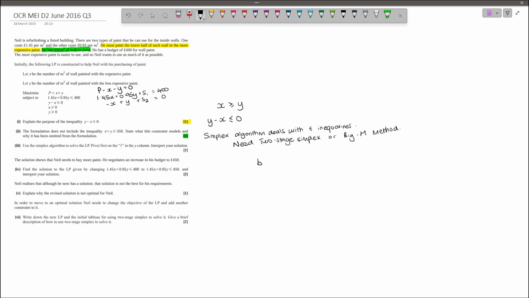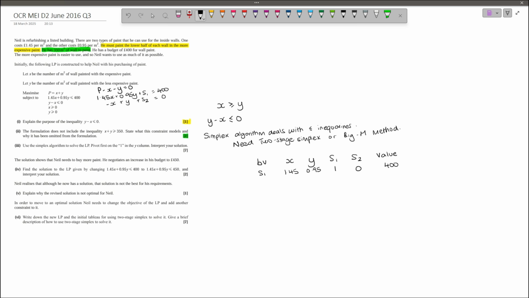So I can now write my initial table. I'm going to get basic variable, x, y, S1 and S2, and I'm going to get a value. So my first equation, 1.45x plus 0.95y plus S1 is equal to 400, with basic variable S1.